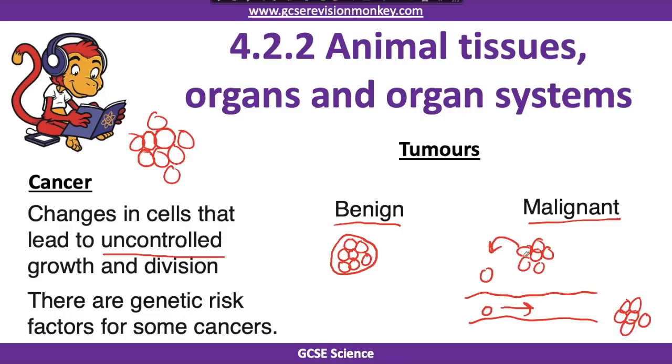Okay, so with malignant tumours, the cells can break off, travel through the bloodstream and invade other healthy tissues. And this type of tumour is our cancerous tumour. So benign ones, most of the time you can just take them away without any issues, small surgery, whereas malignant tumours, because those cancerous cells can spread around the body, that's when it is more difficult to treat.